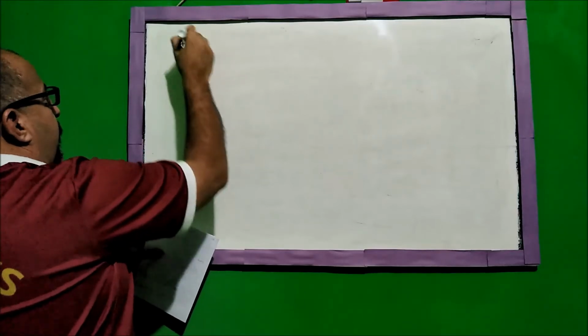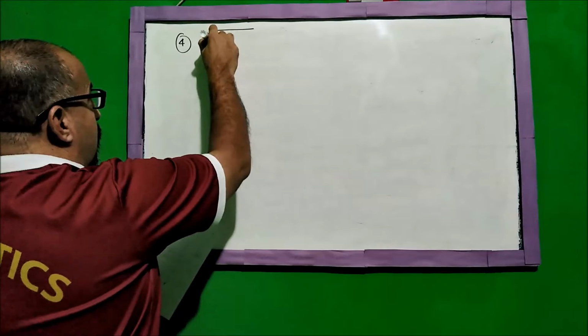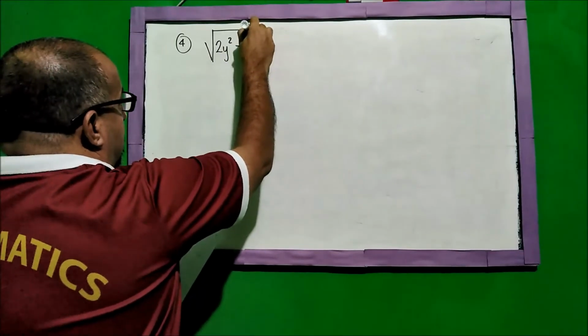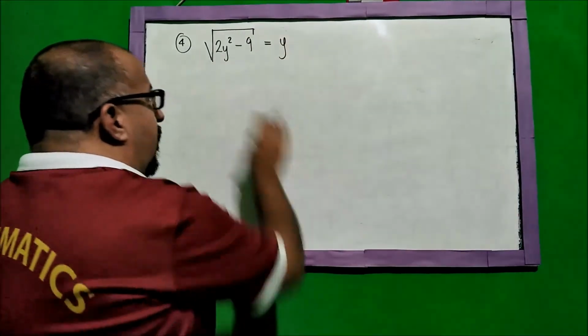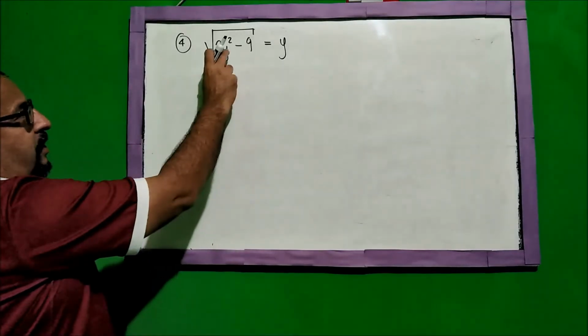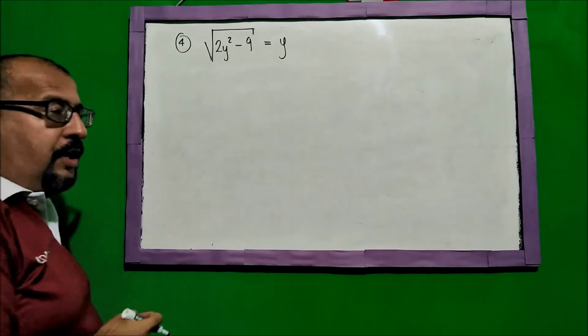Example number 4. Let's see the square root of 2y squared minus 9 equal to y. Can we have another variable in the equation? Yes, but we still have one that is inside the radical, and that's what makes up the radical equation.